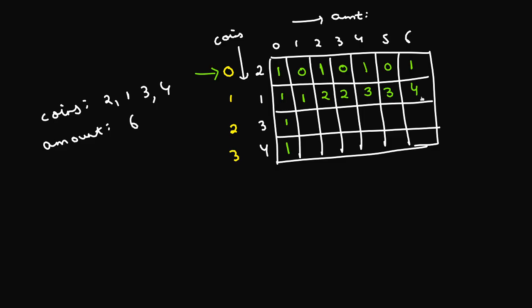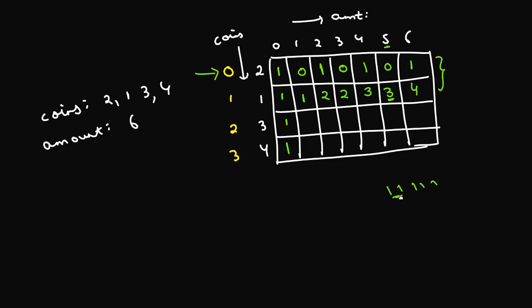Let's consider this value, for example. What does this value say? This value says that I have coins all the way till this row, and I have to make an amount of exactly 5. Now how can we do that? One way is all ones in order to create the amount of 5.